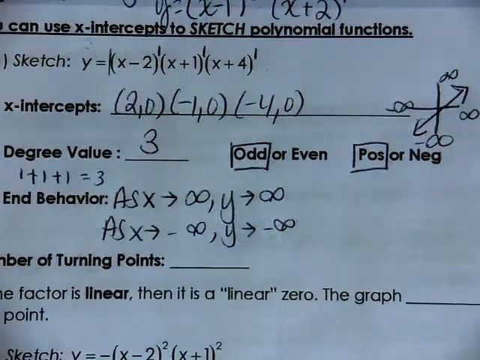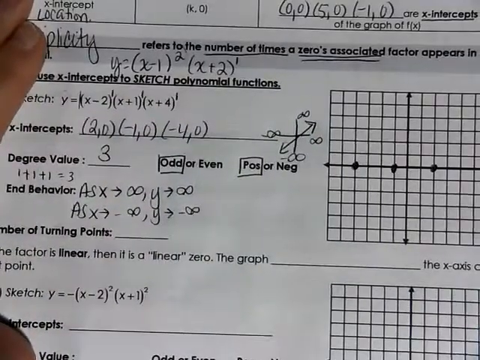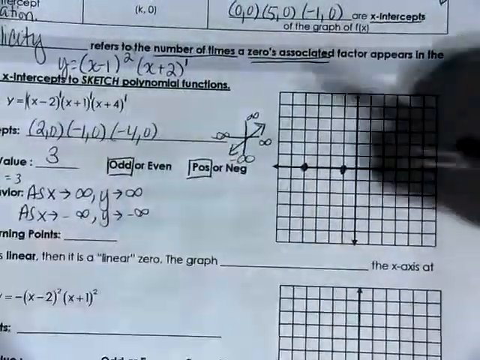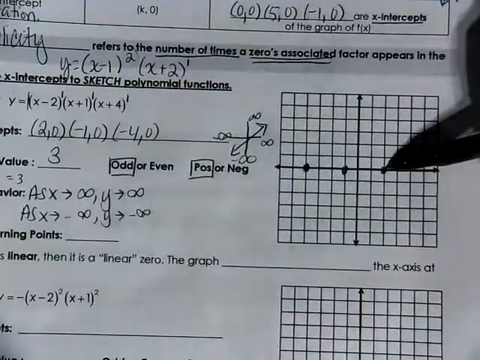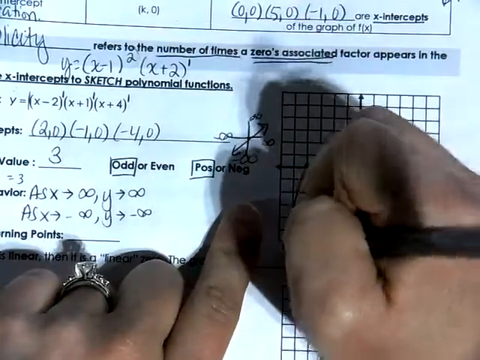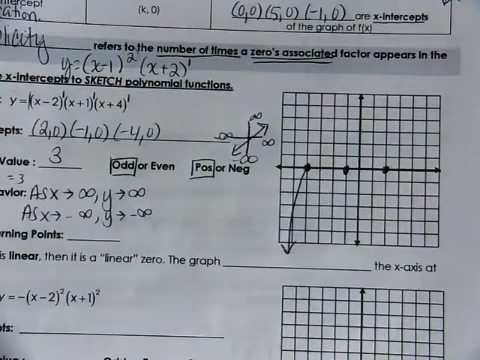So how we use end behavior is this. We work with the first and the last x-intercepts, and we draw in our end behavior. Make sure it looks curvy and not like a zigzag straight line.